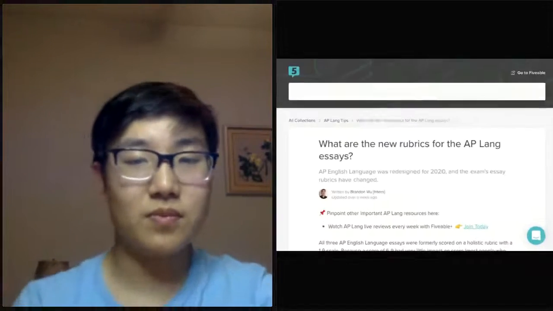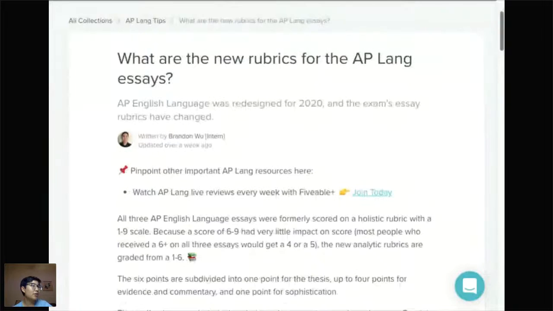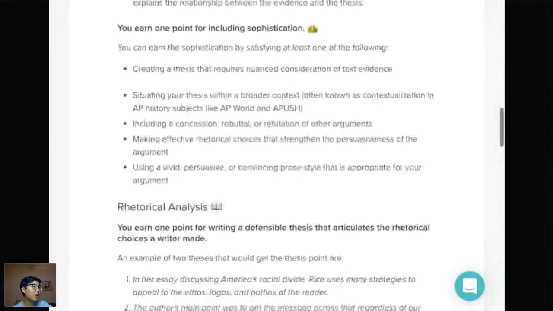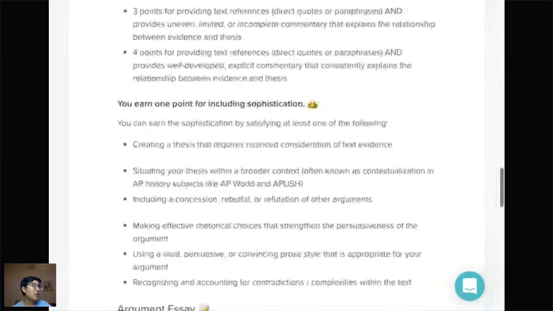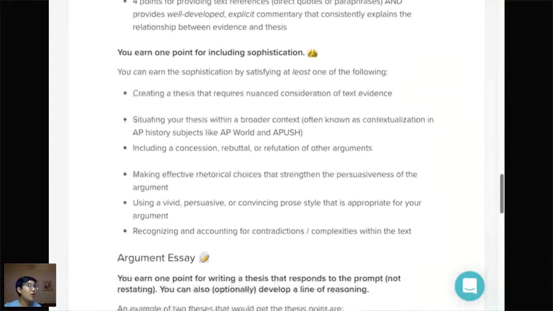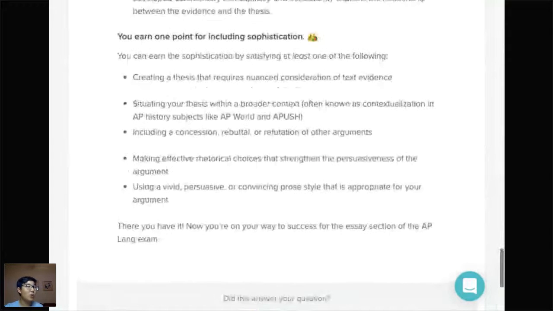There we go. I wrote this article a long time ago, like June. But specifically for the argument essay, you can do one of these 6 things. The first is creating a thesis that requires nuanced consideration of text evidence. I don't think the AP readers have really been specific on what that means.